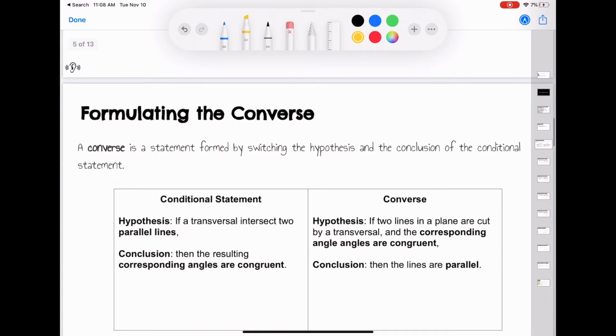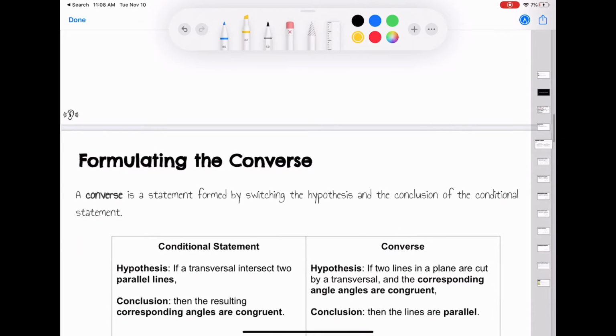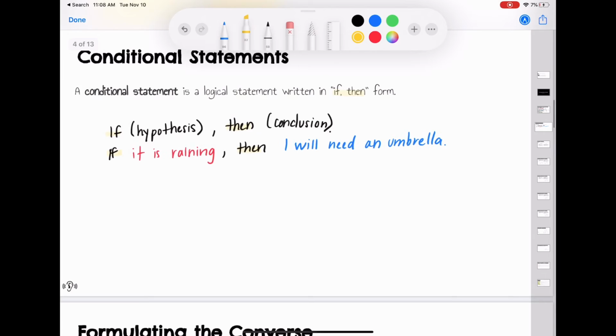Let us remember that the converse is a statement formed by switching the hypothesis and the conclusion of the conditional statement. What this would look like is if we wanted the converse of the statement that we just wrote here, well then we would still have if and then, but we would actually switch the hypothesis and the conclusion around.